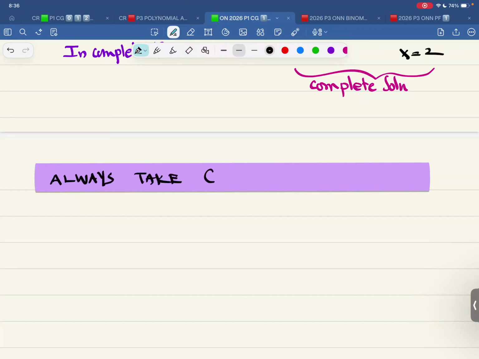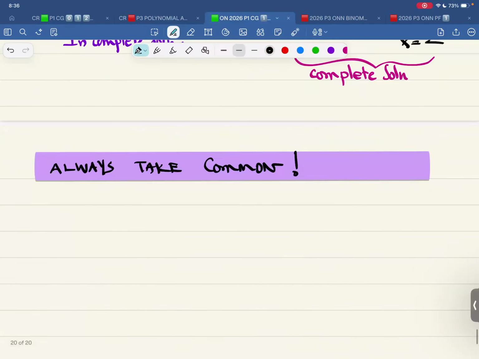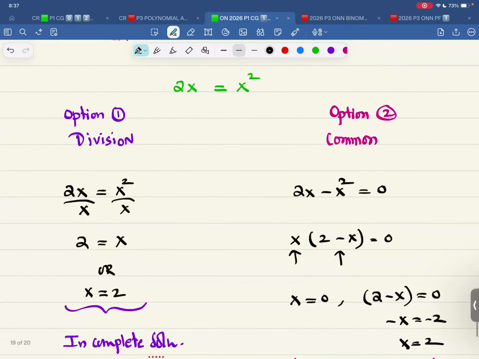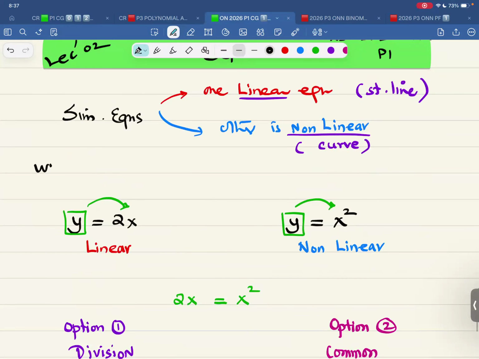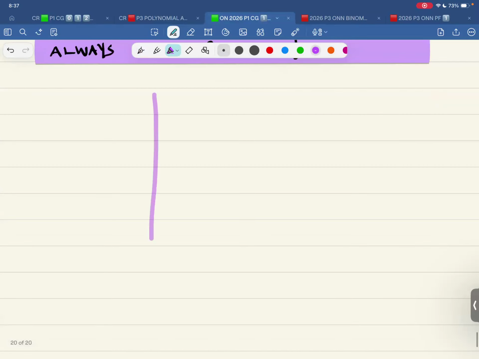That is the first thing that you should be focusing on. Always take common. Is this thing all good, all clear? So let's go ahead. Let me call this worked example 1, and let me show this thing using a sketch. So let me draw a grid.